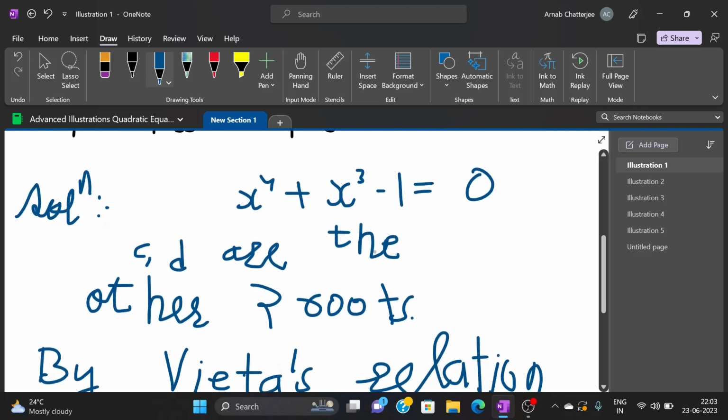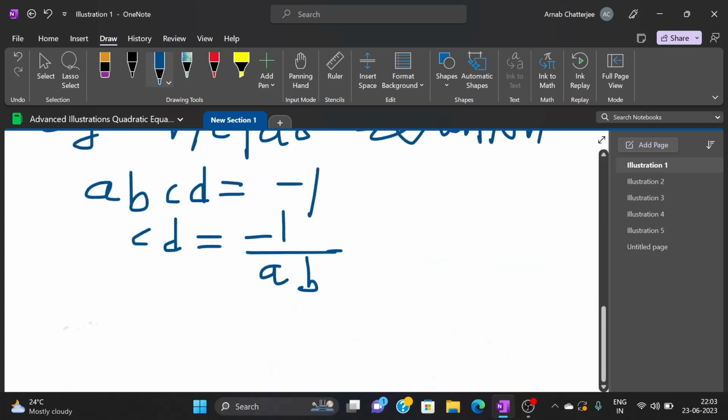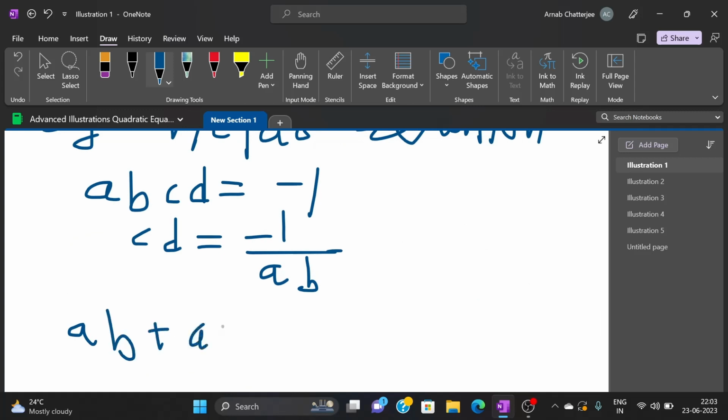So let's continue with it. So now I have the equation AB plus AC plus AD plus BC plus BD plus CD equal to 0.